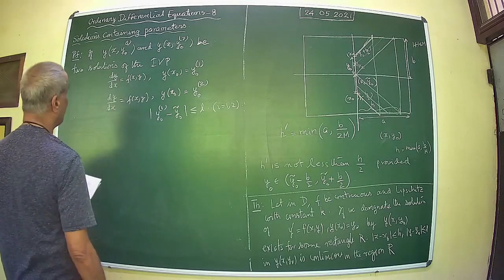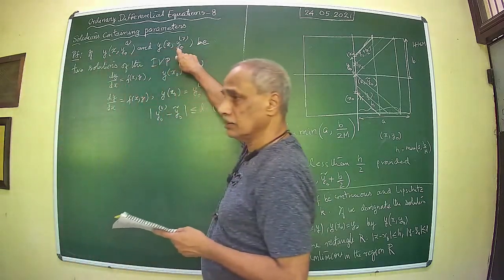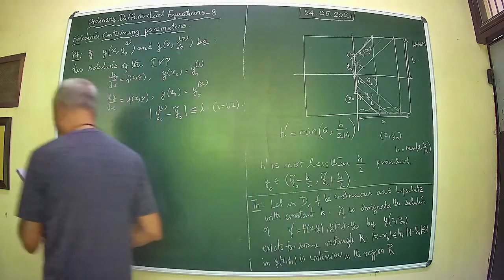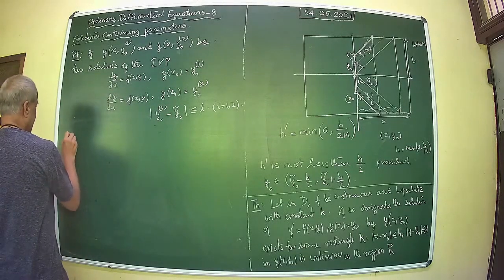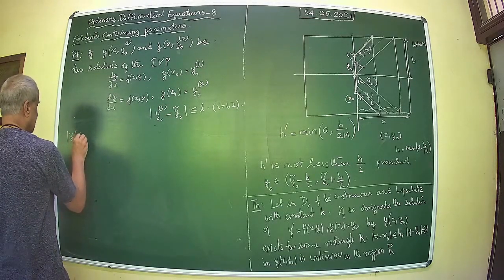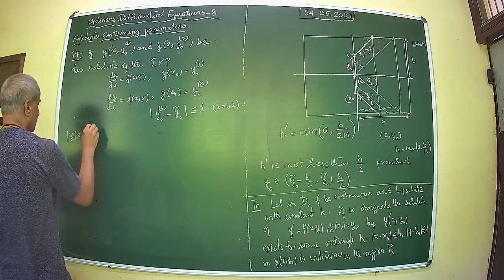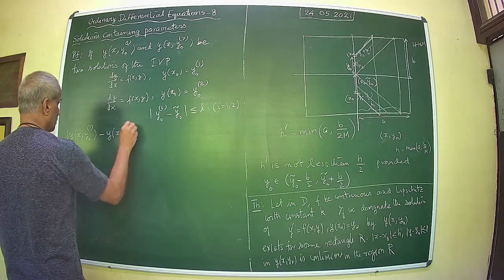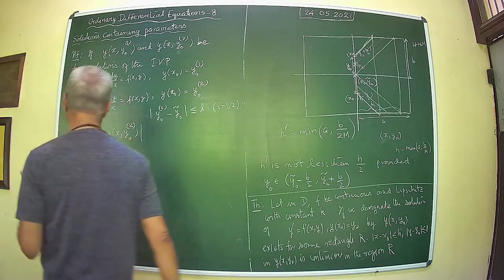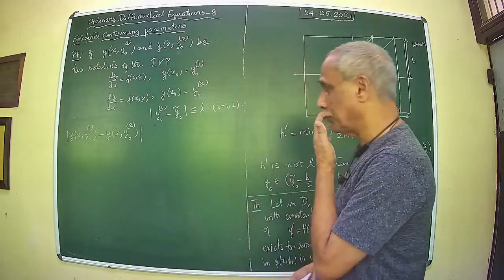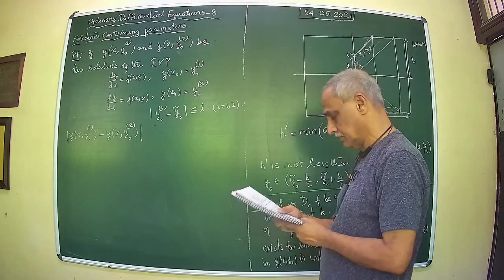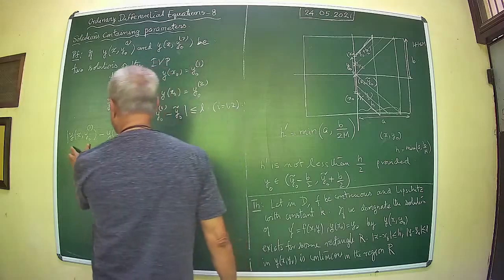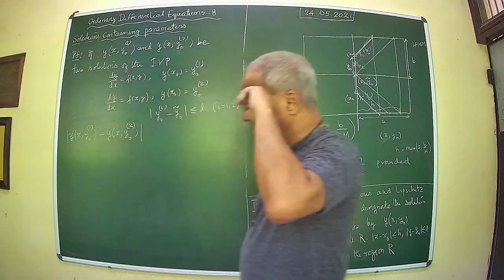The fundamental inequality. See, these are two solutions of the same equation with two different initial data. So what you get from the fundamental inequality is this: you know that both of them satisfy the two different initial conditions, but both are exact solutions of the differential equation.